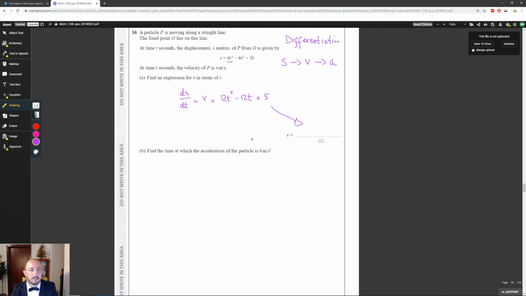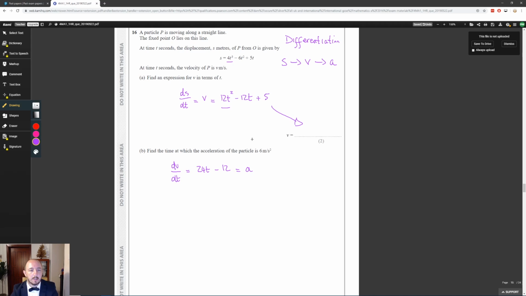Find the time at which the acceleration, so the acceleration is the second differential, so we're going to differentiate the velocity to give us 24t, so I've differentiated this term, minus 12, and the 5 would just differentiate to 0. So this is the acceleration.